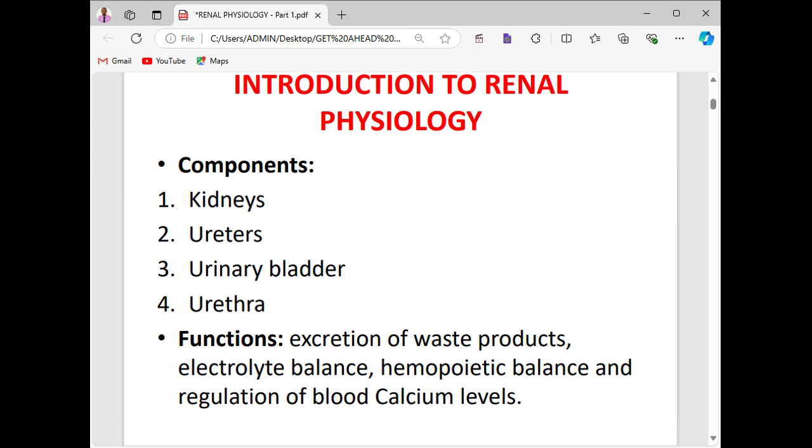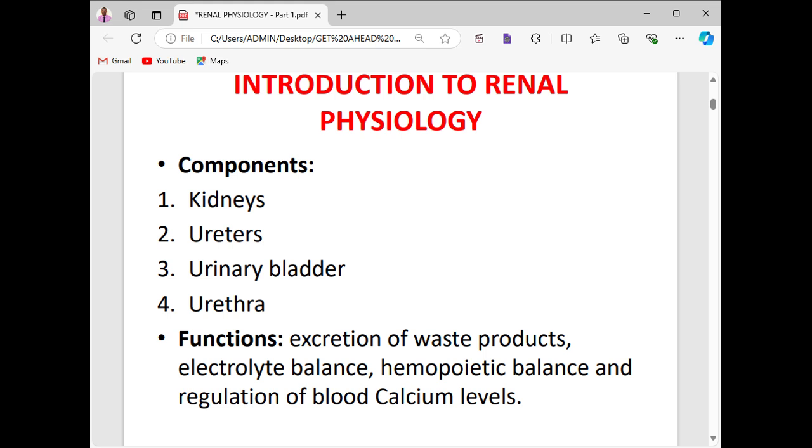To introduce what renal physiology is all about: when we say the urinary system, this system is made up of the kidneys, ureters, urinary bladder, and the urethra.